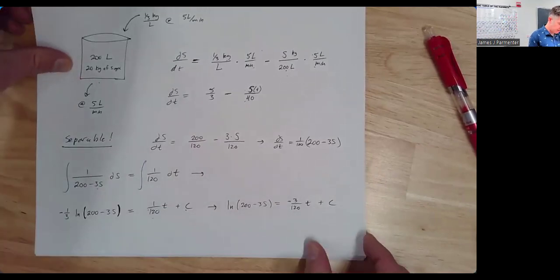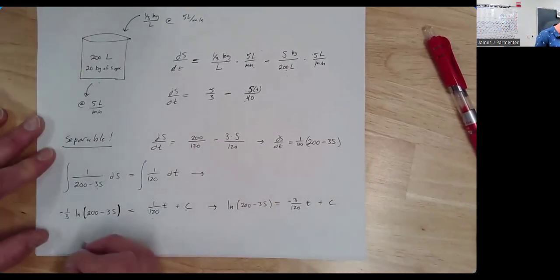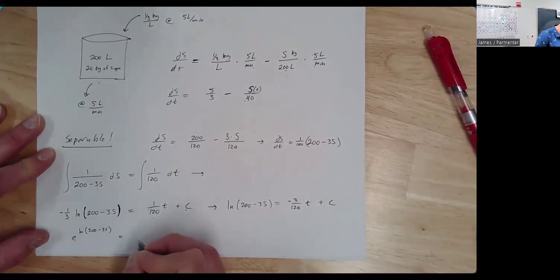So then we exponentiate both sides, we get e to the natural log of 200 minus 3s equal to e to the, let's simplify that, negative 1 over 40 times t plus c.